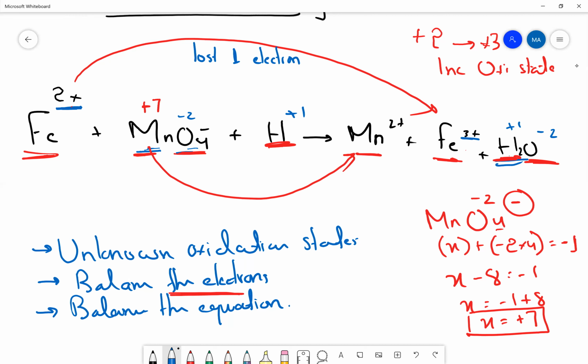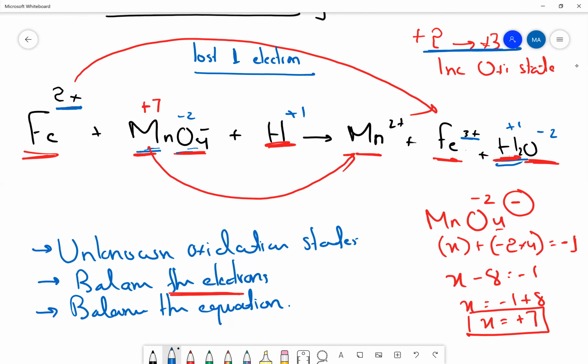There's a +1 increase. This +1 increase tells us that you're losing 1 electron. This is why we're writing that iron lost 1 electron. When iron lost an electron, its oxidation state changed from +2 to +3 immediately. I hope this is now clear.